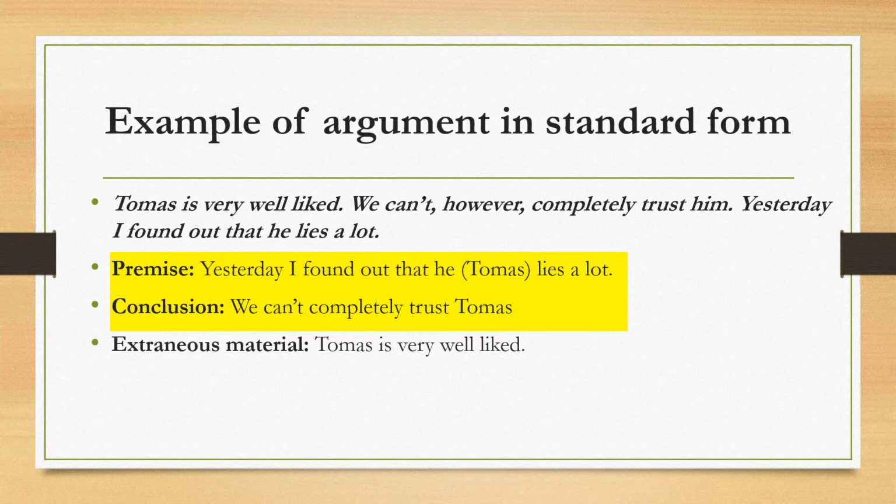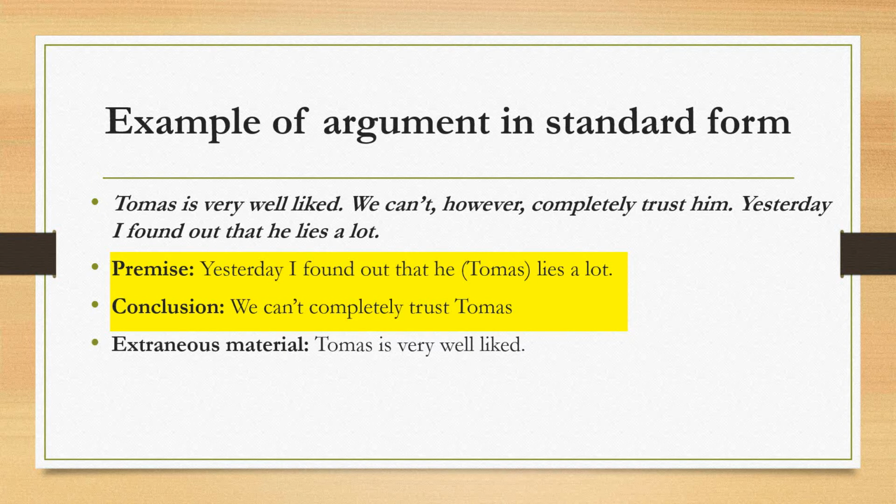Lastly, let us look for something that is assumed in the argument which is relevant to the conclusion. The assumption is something that is taken to be true but not stated in the way that the premise is stated. Another way to understand the assumption is as something that is taken for granted in the argument. We now know that the premise is that Thomas lies a lot, and the conclusion is that we cannot completely trust him.